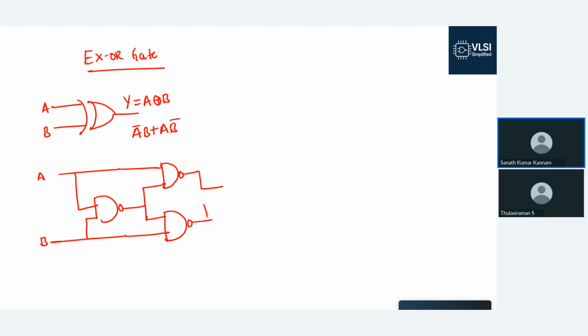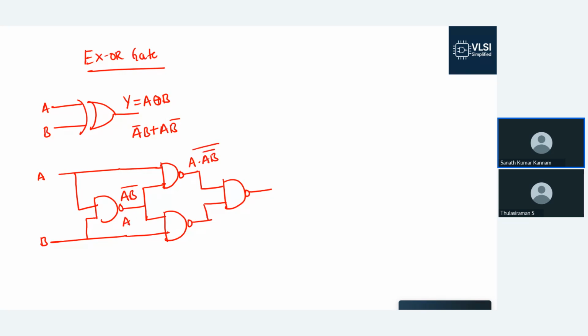And these outputs are given to one more NAND gate. So here, what is this? This is nothing but AB bar, and this is A and AB bar whole bar.